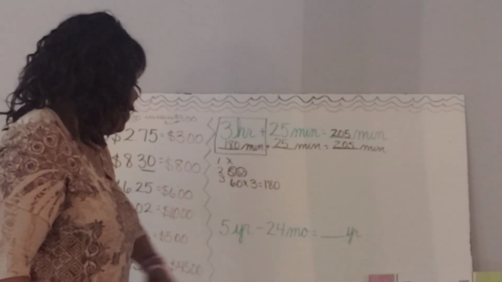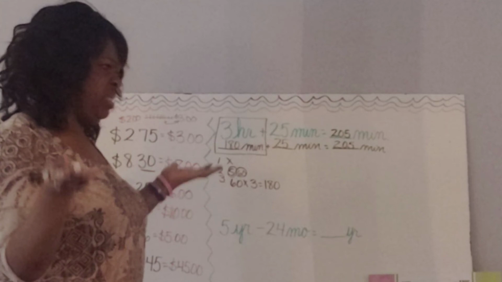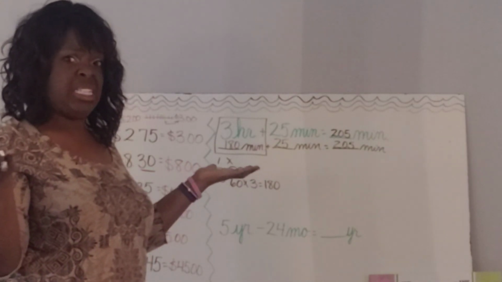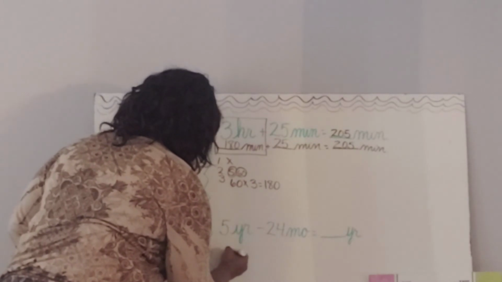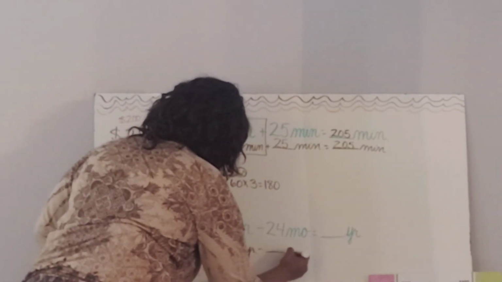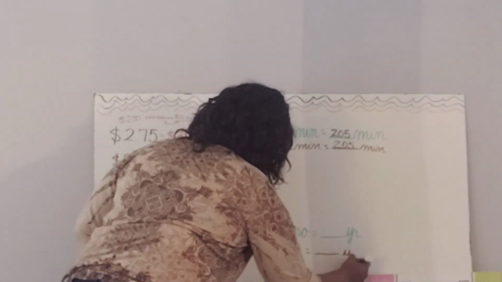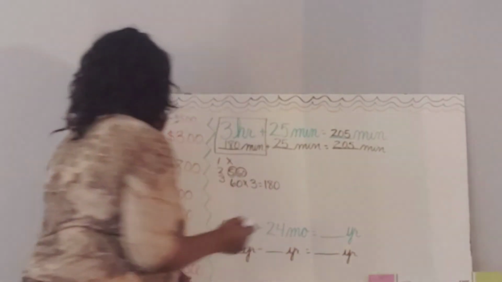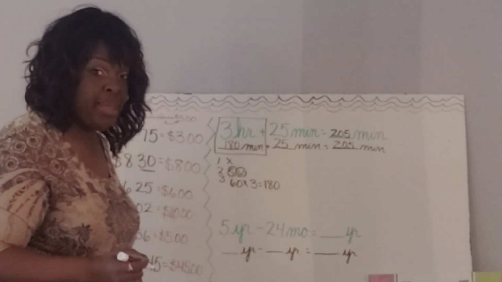Then, same thing here, 5 years minus 24 months equals, how many years is that? Our years are missing. So underneath, blank years minus blank years equals blank years, okay? Look where the two measures are the same.